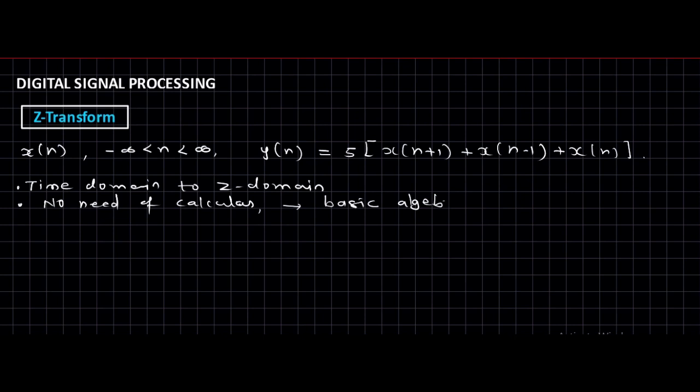By using basic algebra, we can perform the analysis of discrete time signals and discrete time systems. Okay, and we can find the stability of discrete time LTI systems, linear time invariant systems.